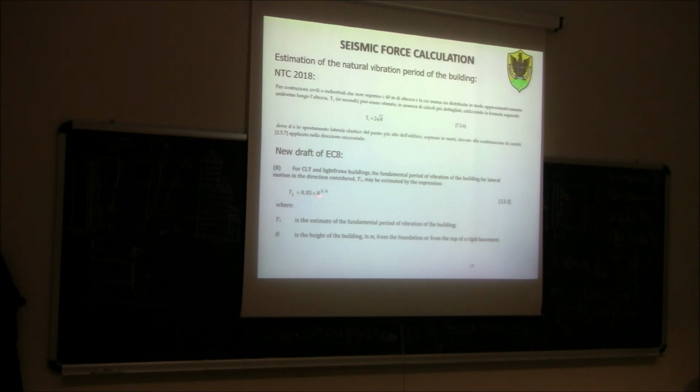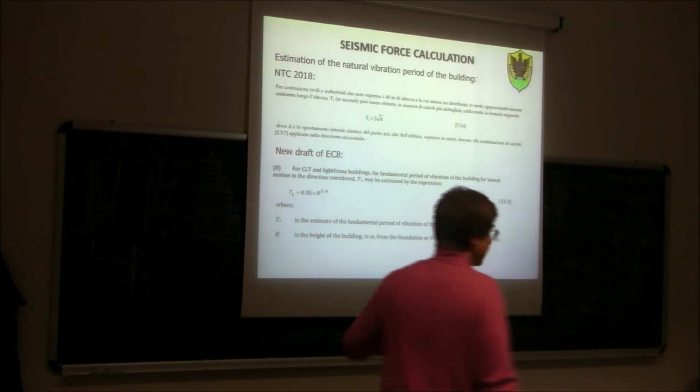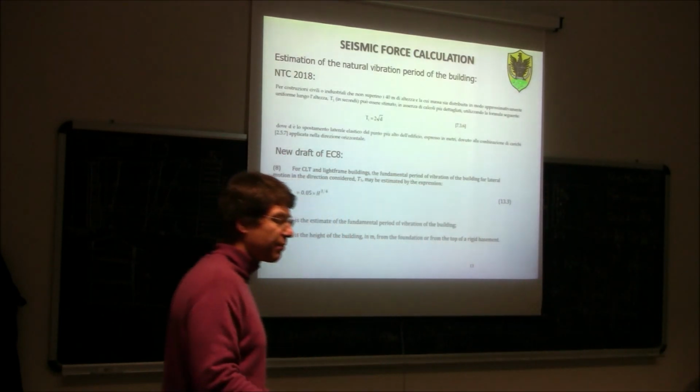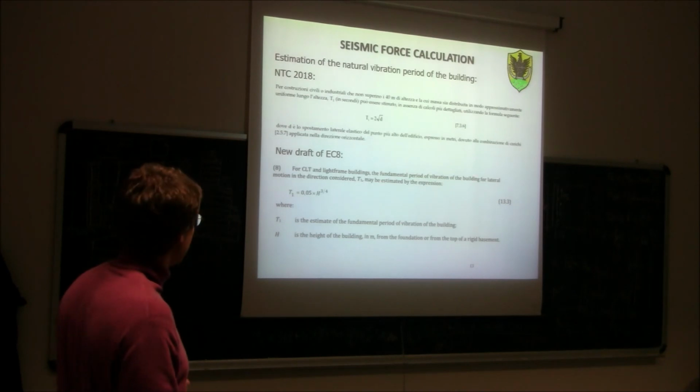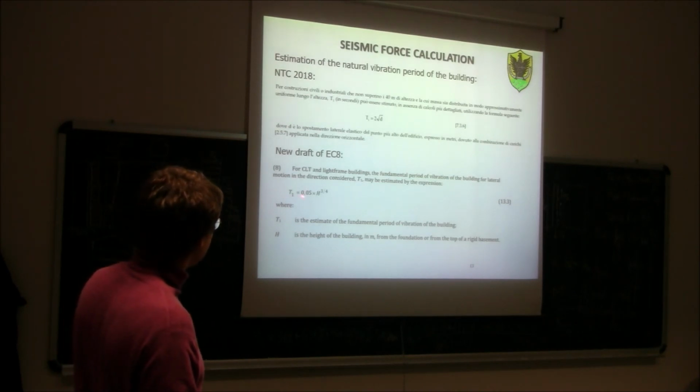So for this case, we can use the formula suggested in the new draft of Eurocode 8, which is basically the same formula that was proposed before by the Italian regulation. So it's 0.05 times the height of the building to the power of 3 divided by 4.